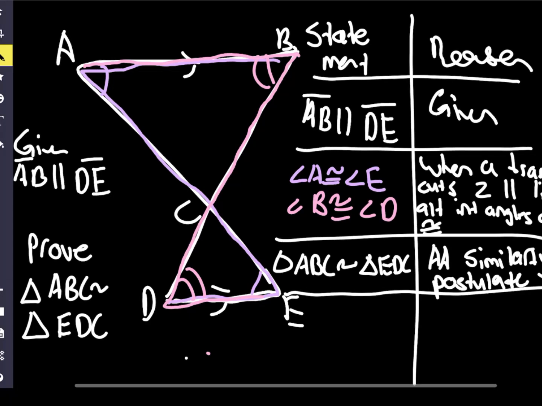So we use this transversal to get two congruent angles, and we just use the AA postulate to state that these two things are similar. And in case you're wondering, you can also do vertical angles like this, okay? Vertical angles are congruent, but that would be an extra step, so no need for that.